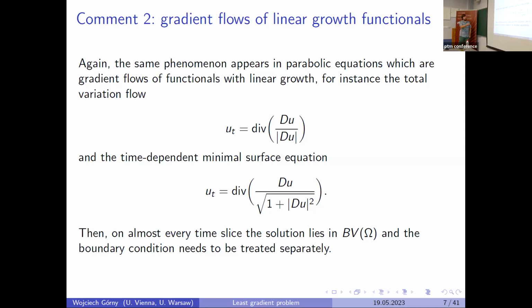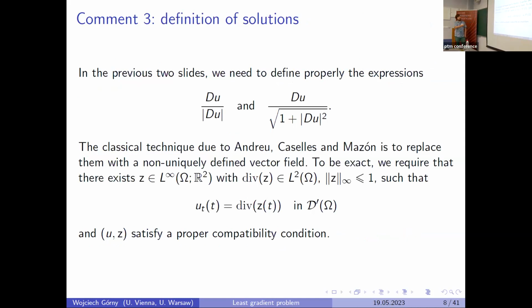But of course, what I wrote here is very suspicious. Because what does it mean? How do we understand when we write Du over the modulus of Du, if Du is only a Radon measure?